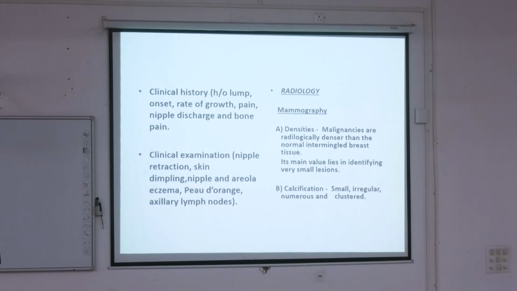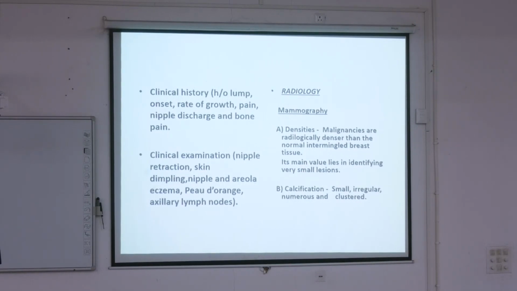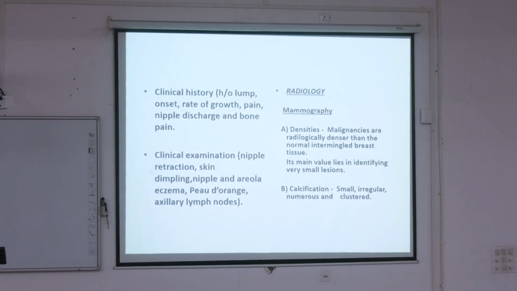Some breast cancers just present as radiodense masses without any palpable mass, and that's where the importance of mammography comes into play. It helps to identify the small breast lesions or the small breast malignancies. Then comes calcification. Calcification means deposition of calcium salts. You know what calcification is. It has been taught in the first chapter.